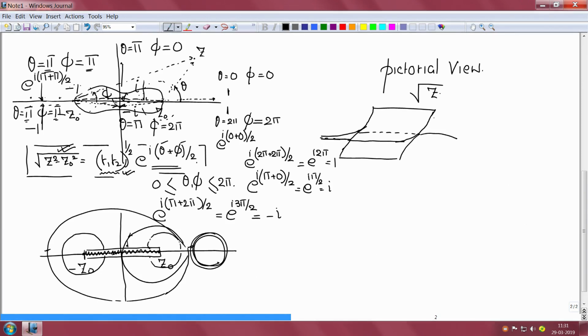I hope it is somewhat clear. I do not want to complicate, or let us say this goes from top, this is here and this is here.